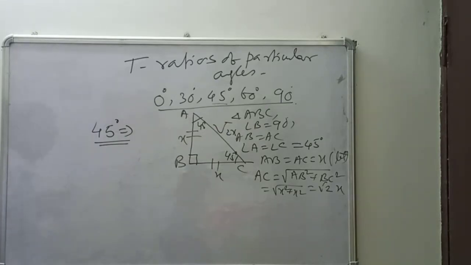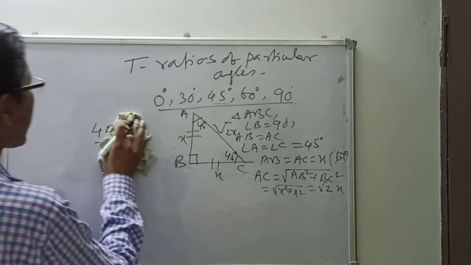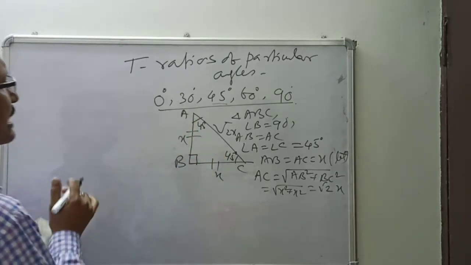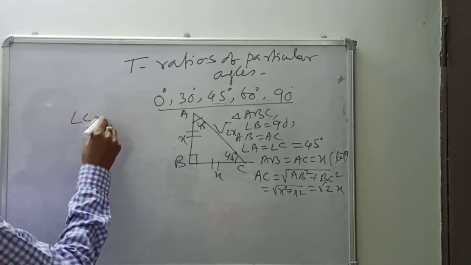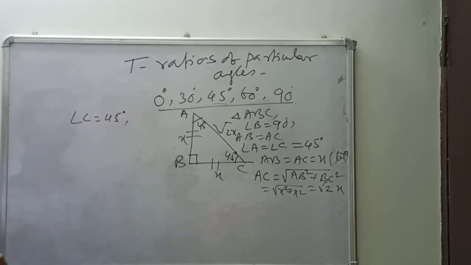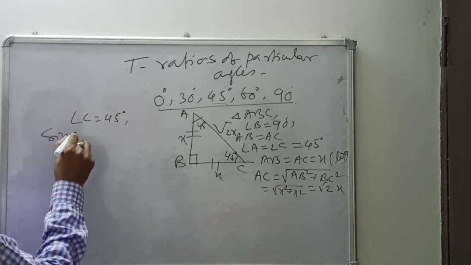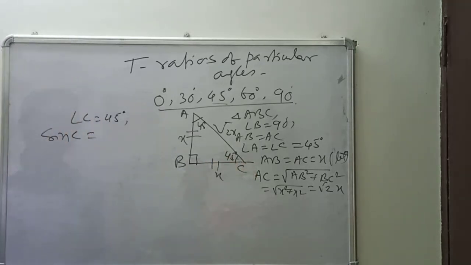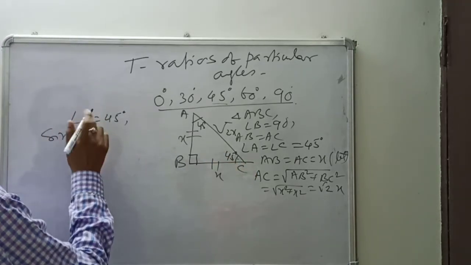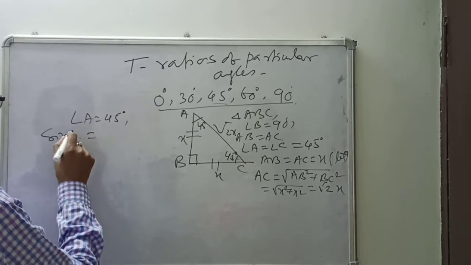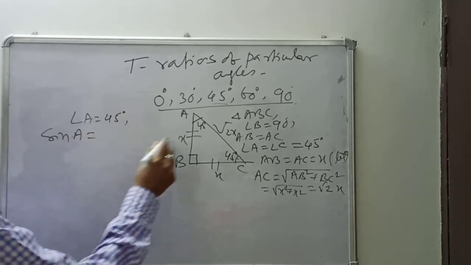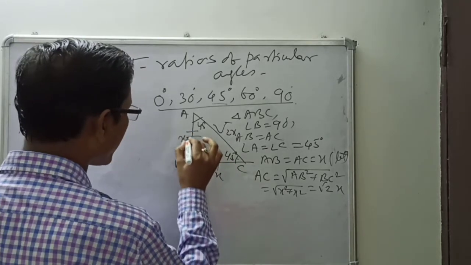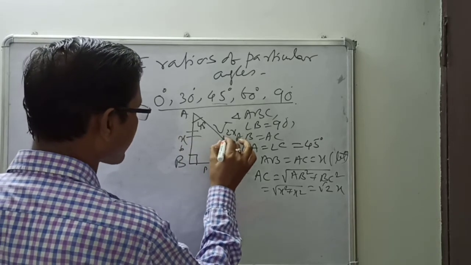Now with respect to 45 degree, you can use any angle, this angle or that angle, whichever you like. With respect to angle C, that is 45 degree, you know the property. If we use A, then it becomes the perpendicular, the base and the hypotenuse.